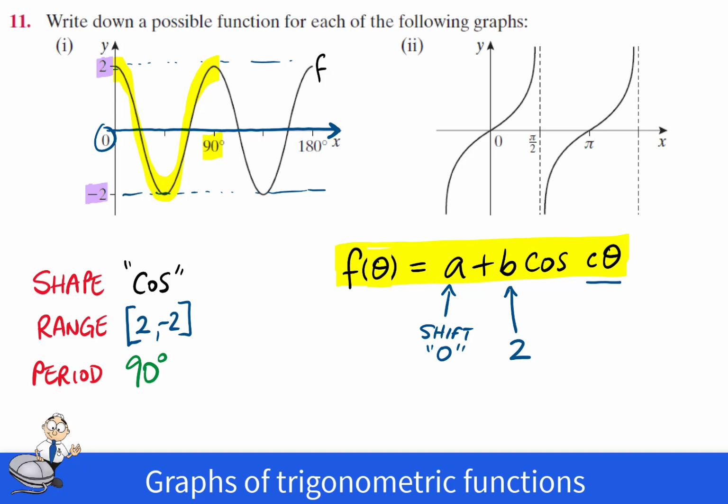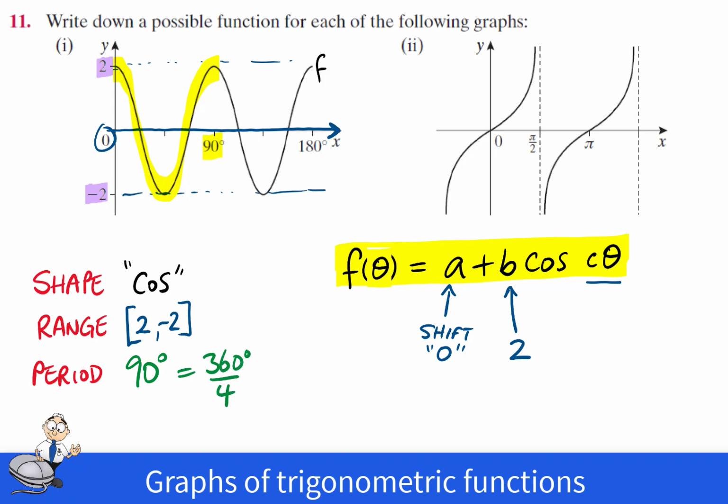How this relates to the multiplier here is 90 degrees, I suppose, compared to what we would expect. Normally we'd expect 360 degrees as a normal period, but this period is happening 4 times quicker. So 90 degrees, as a fraction of 360, is 360 degrees divided by 4.